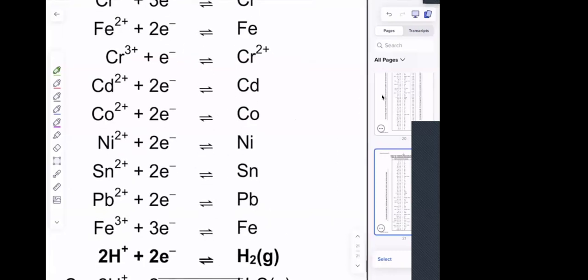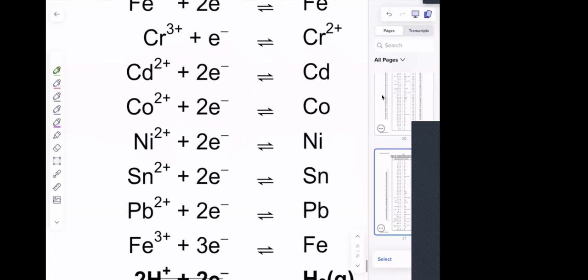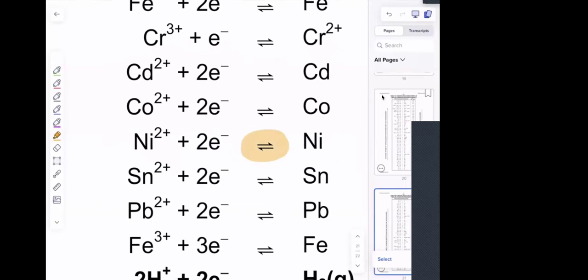So on our table of reduction potentials, it's very important to note that these are reversible reactions, right? These are reversible reactions. So what I was saying is that in that case there, your nickel was the stronger reducing agent, right? It's the one that's going to undergo oxidation. Sorry, wait.